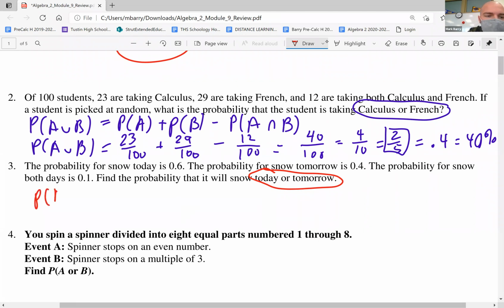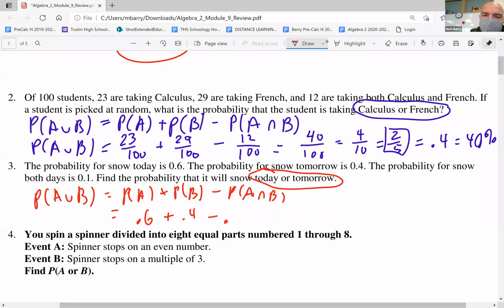All right. So probability of A or B is the probability of A plus probability of B minus probability of A and B. All right, so probability of A is 0.6. Probability of B is 0.4.